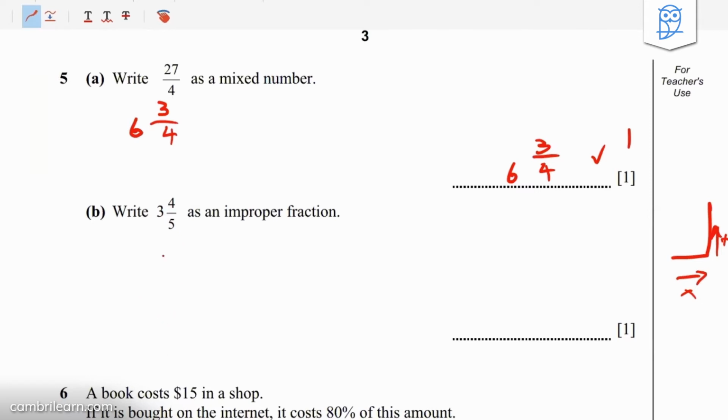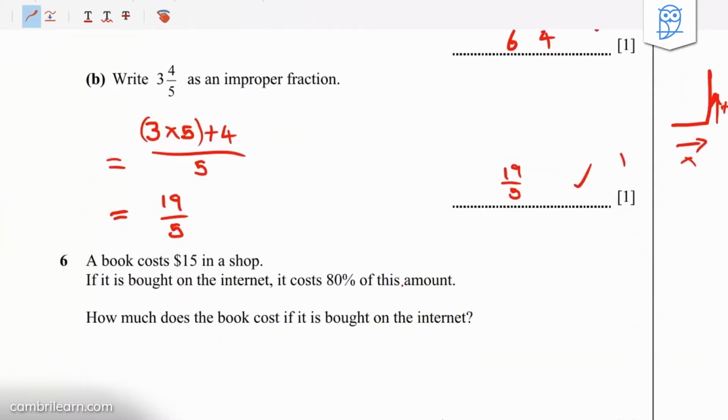And we can actually write this down as being 3 times 5, and then we add 4 over 5. Just remember that the 3 times 5, my order of operations, is done first. So this is just equal to 19 over 5. Okay, and there's my final answer, 19 over 5.